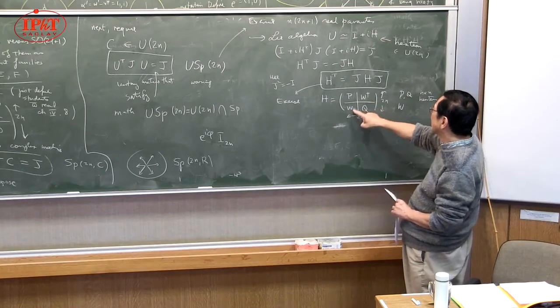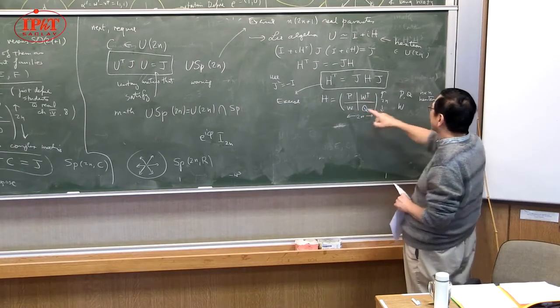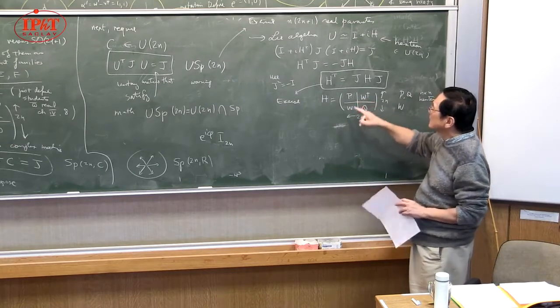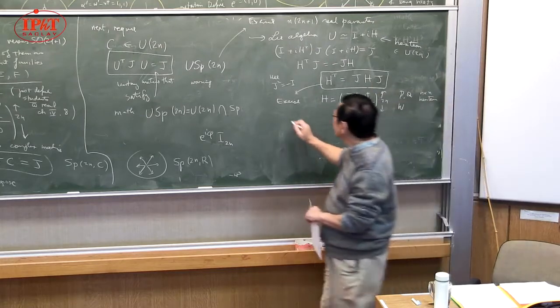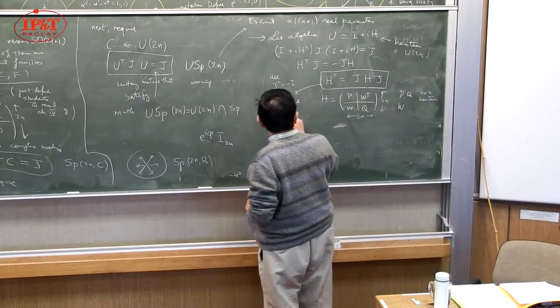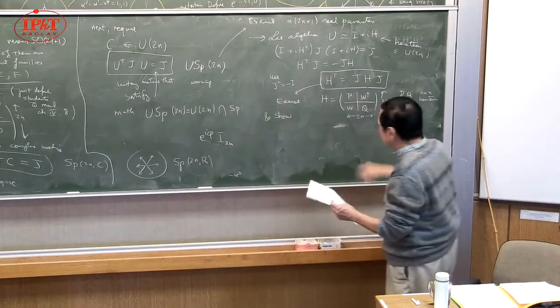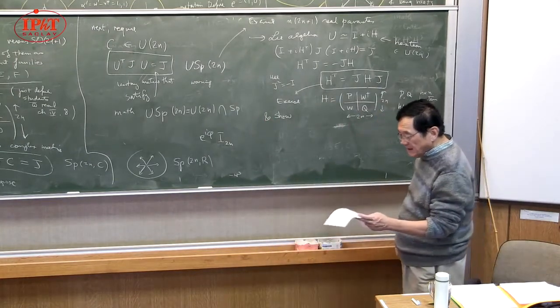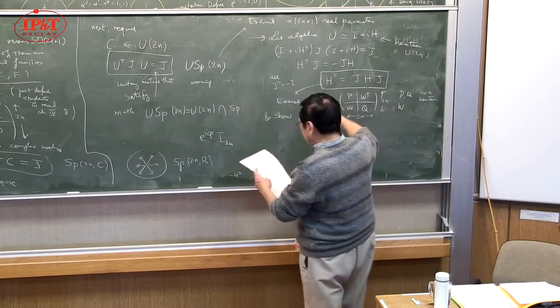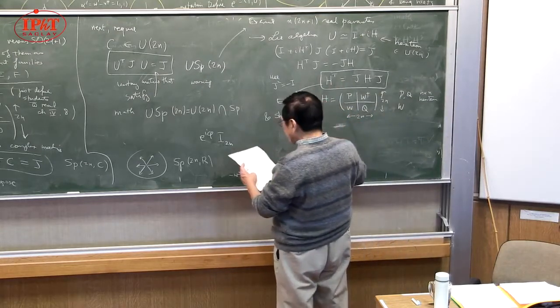So this is W and W dagger, not Hermitian. You plug into this equation and show what P, W, W, Q must satisfy. After you do this, you find what the possible H's are.